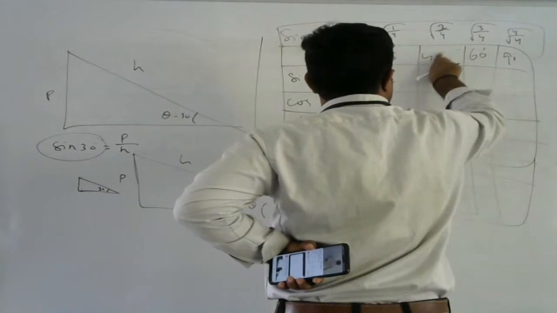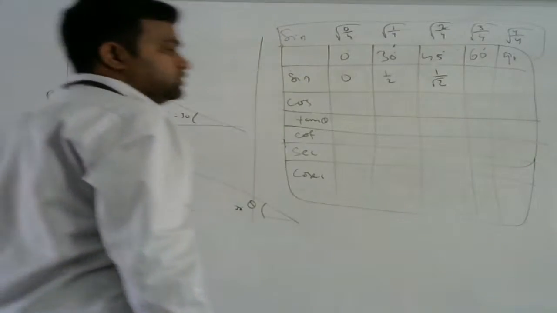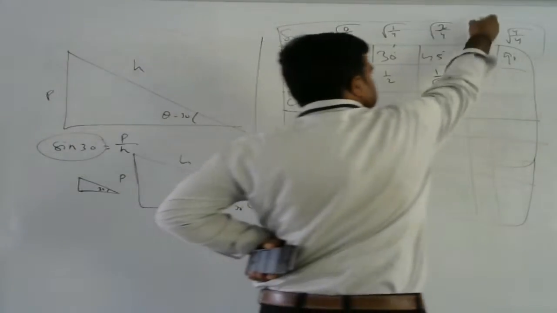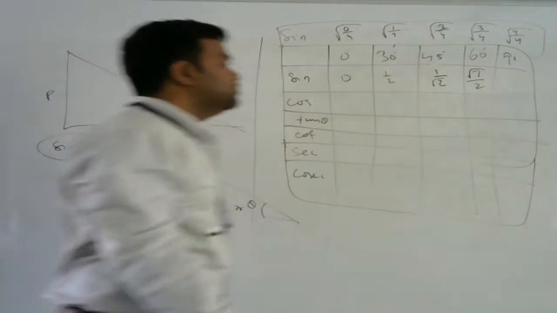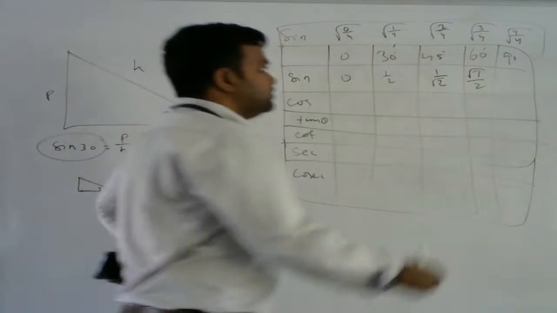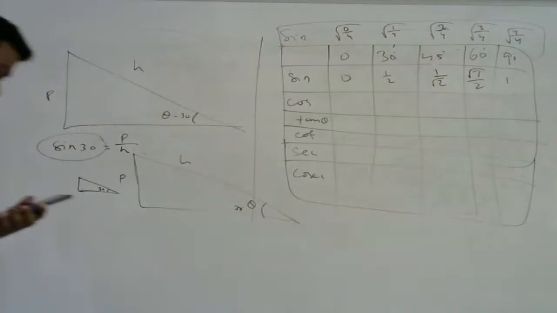Sine 45 degree is 1 upon root 2, and sine 60 is root 3 upon 2. Now 4 by 4 is 1, 1 root over is 1, right?